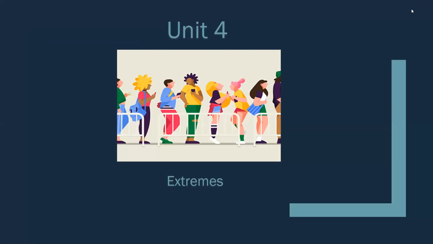So unit 4, as you already know, talked about extremes, right? And I chose this illustration because it's an example of when a lot of people stay in line to watch a concert, for example. When people arrive early in the morning to watch a concert at night.